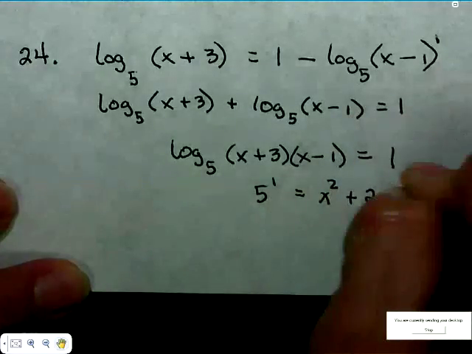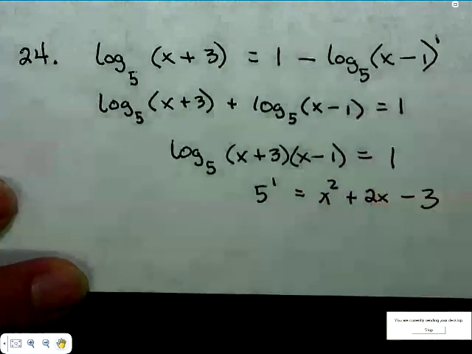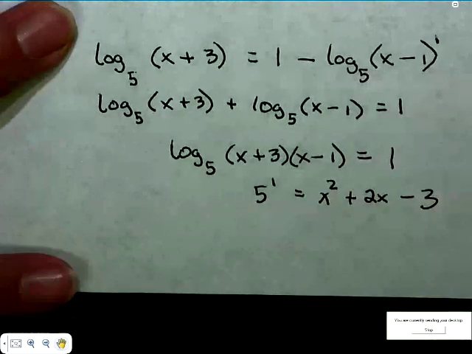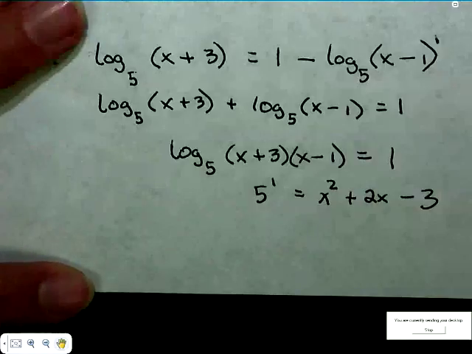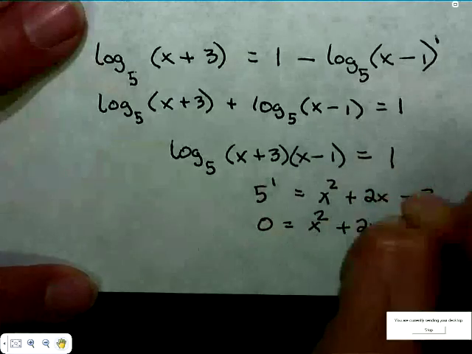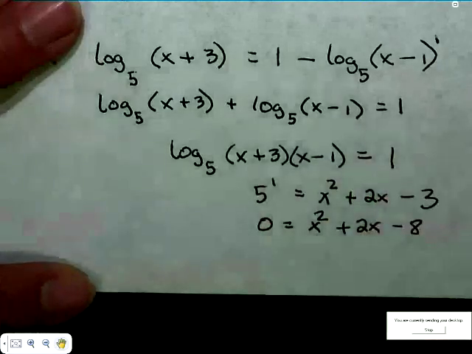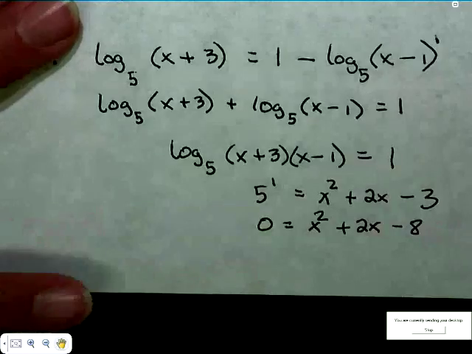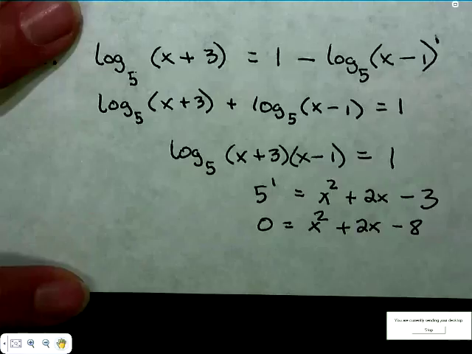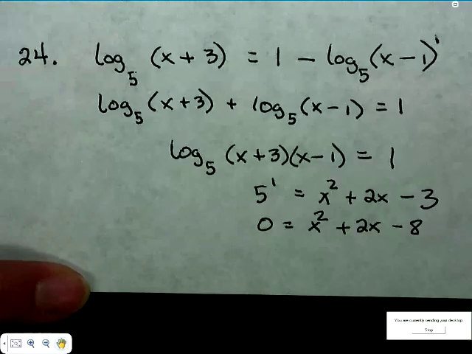And since it's a quadratic equation, I have to get it set equal to 0. And then what?